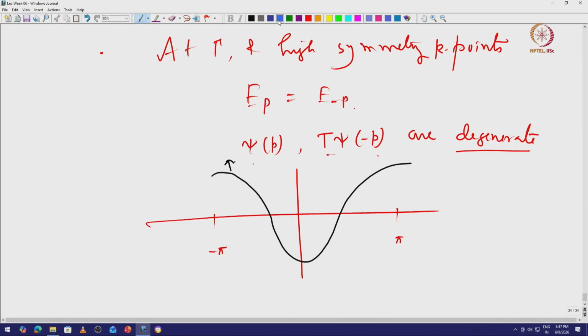The band structure for down spin must then be degenerate here, and it does not have to be degenerate here, but it again has to be degenerate here, and then it again has to be degenerate here, and this is for down spin.